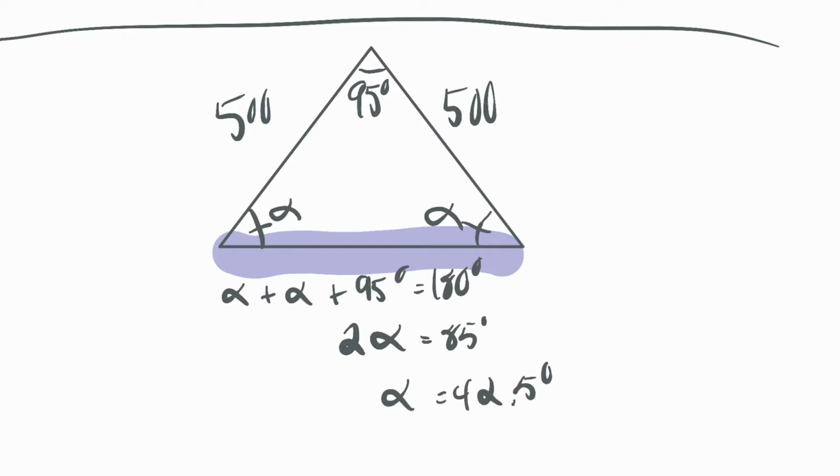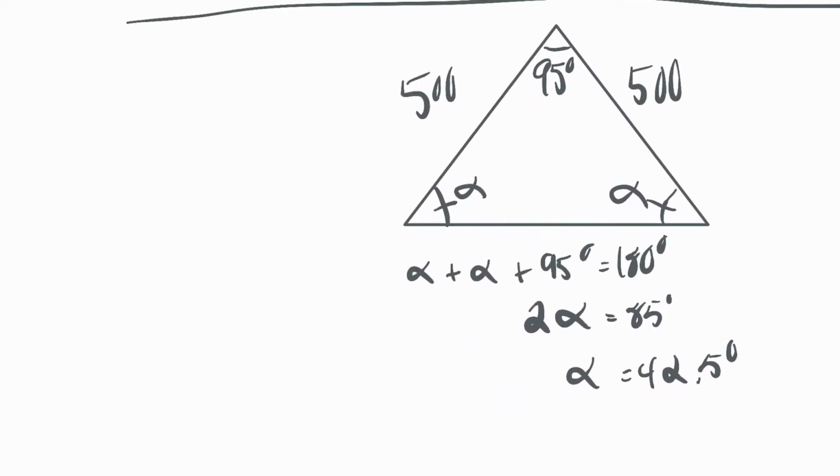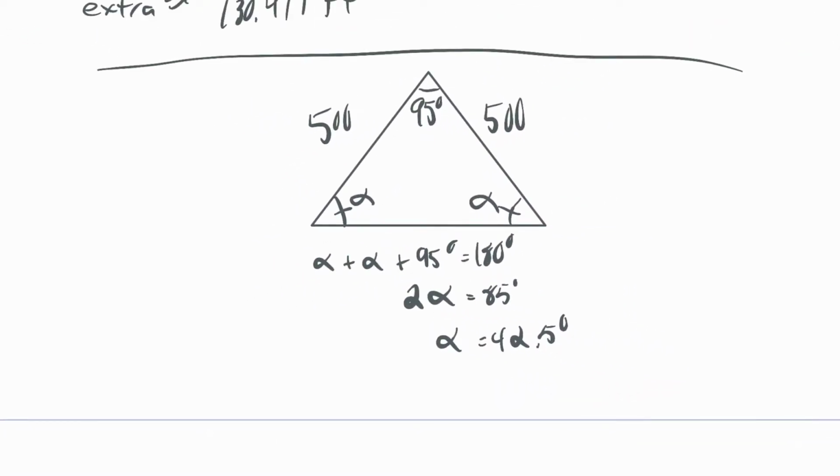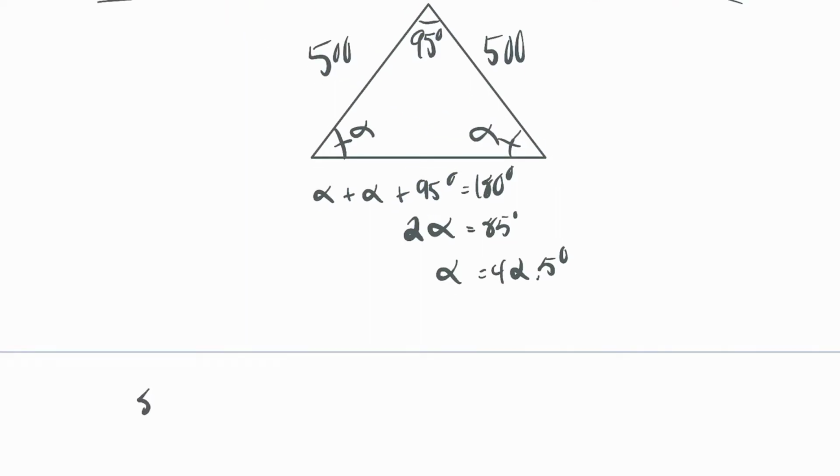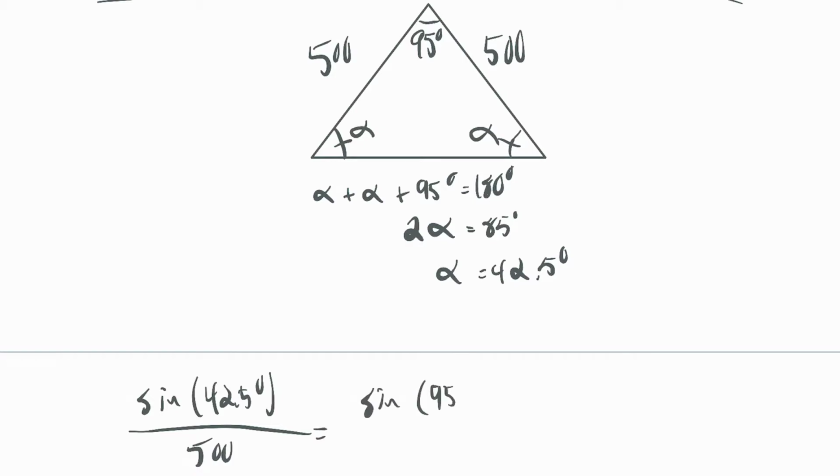Because that length of road is in fact not parallel to the original path. So let me zoom out a little bit. If I use the law of sines and I use this pair here, 42.5 along with 500, and then I can use 95 with L2, then I find that sine 42.5 degrees divided by 500 equals sine of 95 degrees divided by L2.